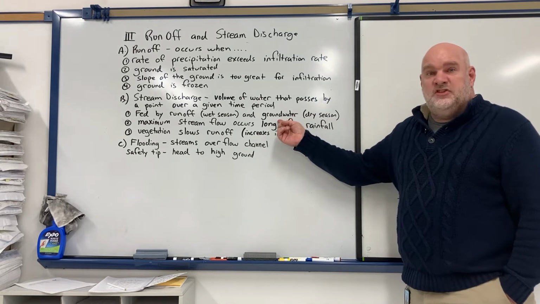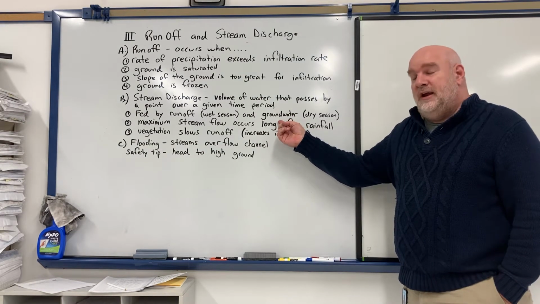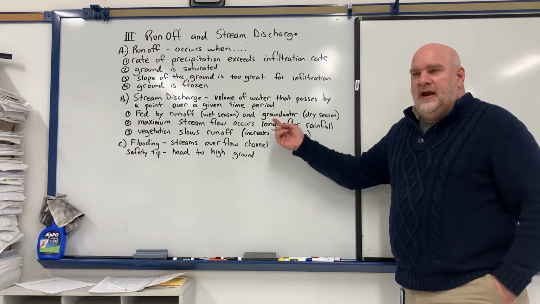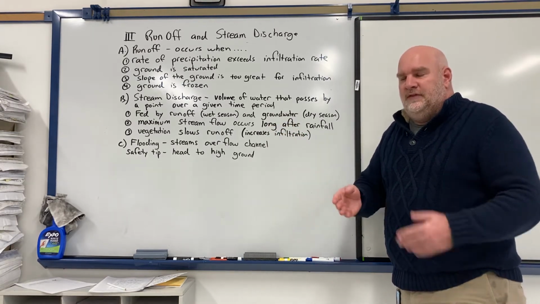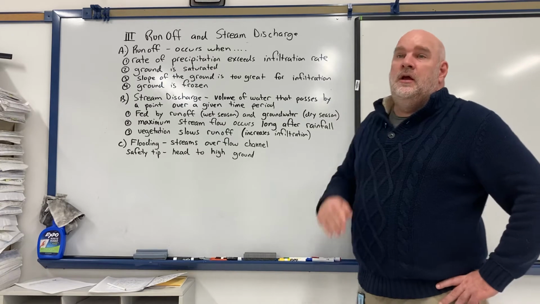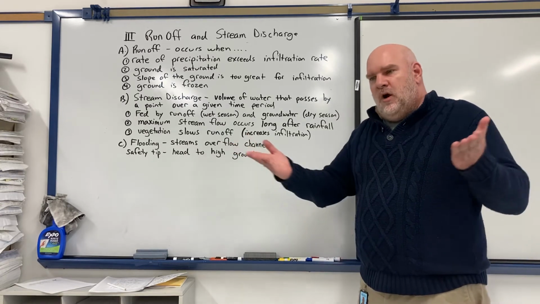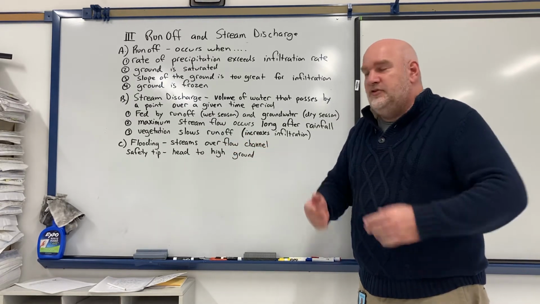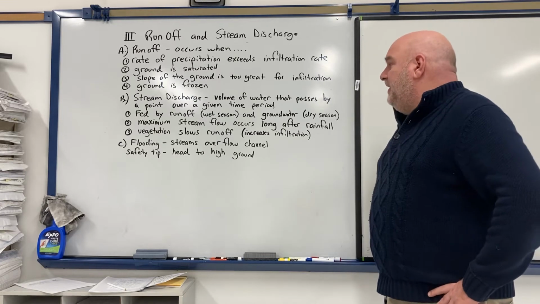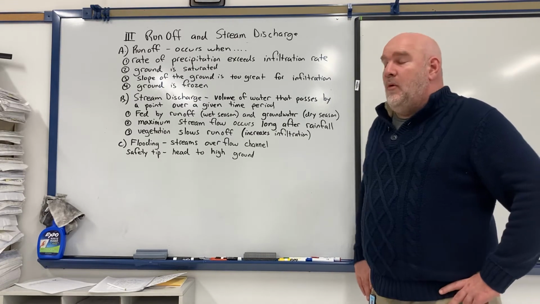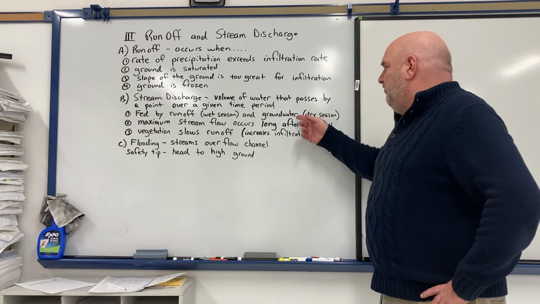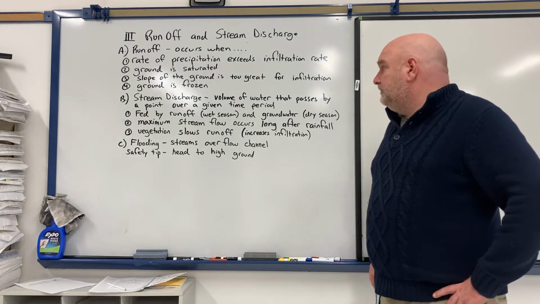So the stream might be fed from a spring, or it might just be water kind of seeping into the channel. If the stream channel cuts down into the water table, it'd be water kind of going in from the ground into the stream. But in the dry season, if you haven't had rain for a while and there's water in the stream, it's most likely coming from groundwater.